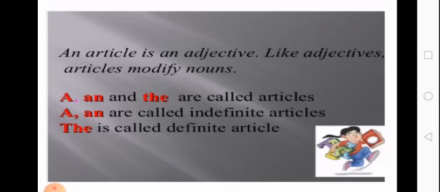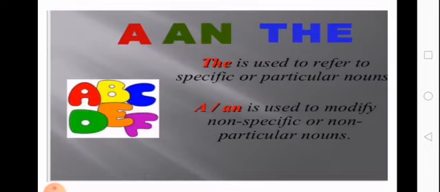A, an, and the are called articles. A, an are called indefinite articles. The is called a definite article, as I told you. Now, the is used to refer to specific or particular nouns. A and an are used to modify non-specific or non-particular nouns.